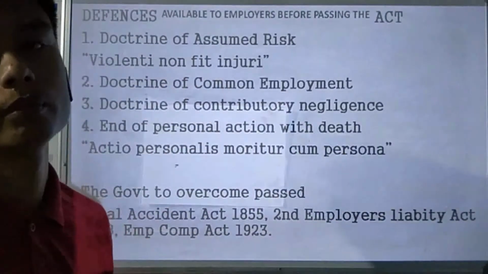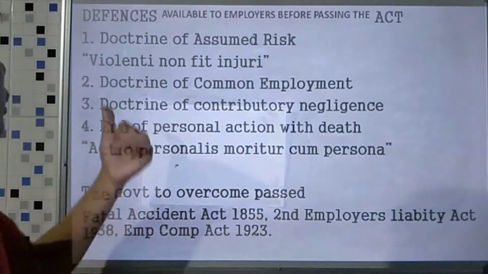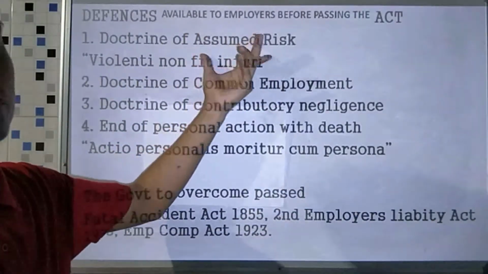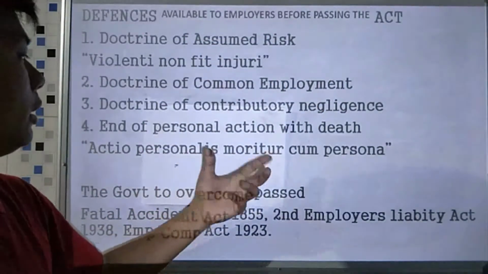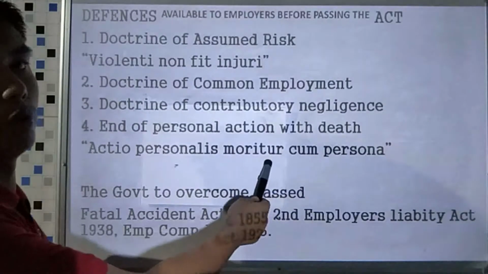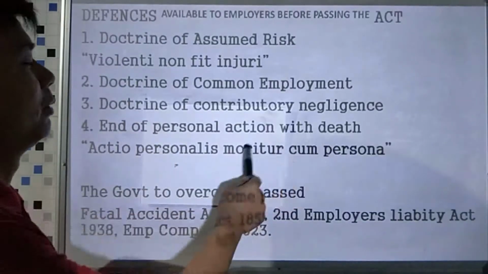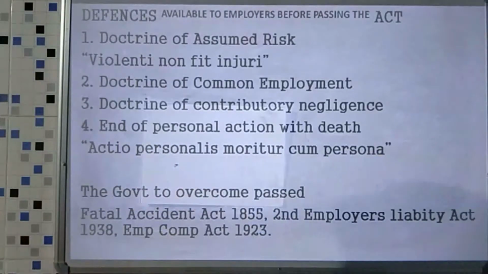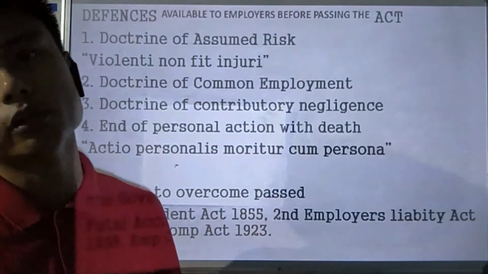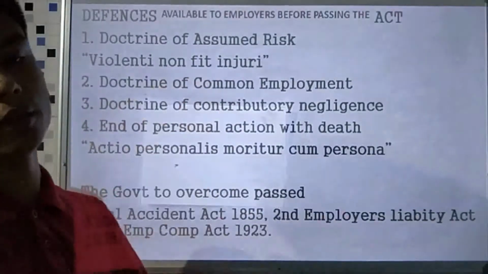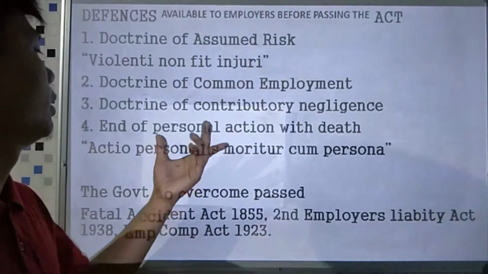Sometimes the exam asks what this doctrine means, or they will give this line and ask you to explain. In Latin it is actio personalis moritur cum persona, meaning a personal action dies with the person. Just remember the line. So here they say that the worker is gone, then what is the use? Everything dies along with him, his right to compensation, everything. Here also again they try to avoid liability in this way.